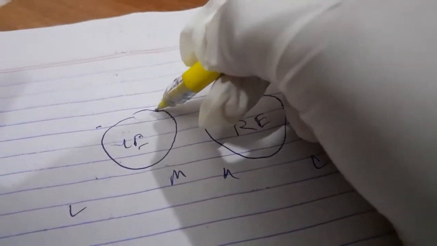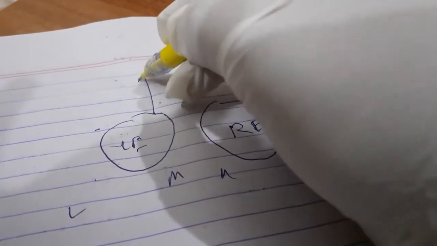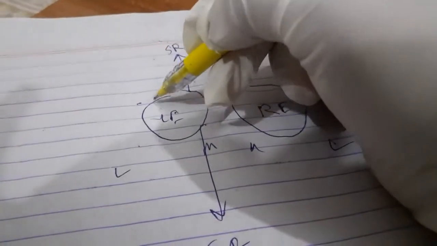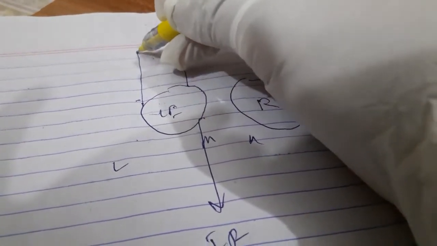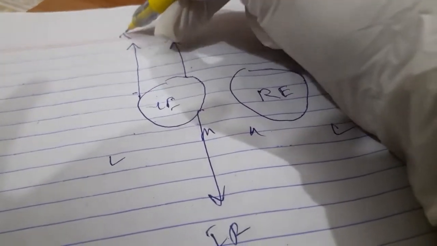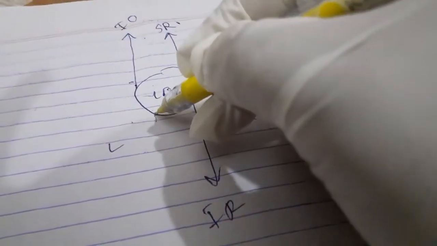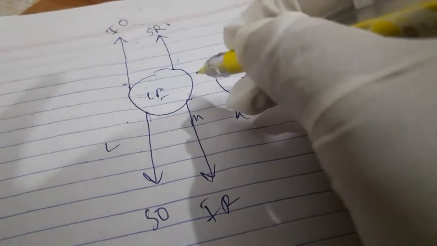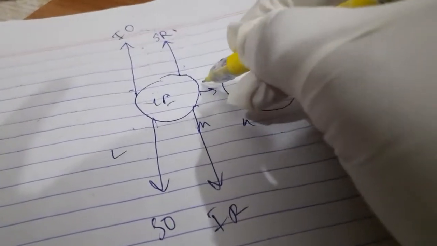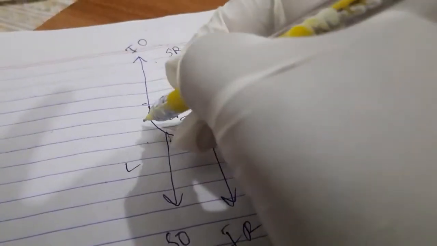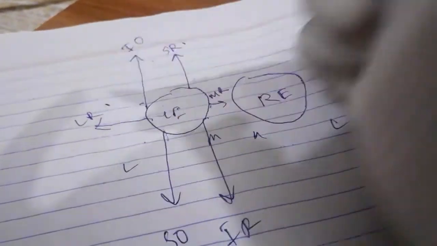This is the superior rectus, this is the inferior rectus. By the side of the superior rectus, this is the inferior oblique, and below this is the superior oblique. Along the medial side, this is the medial rectus. Along the lateral side, this is the lateral rectus.